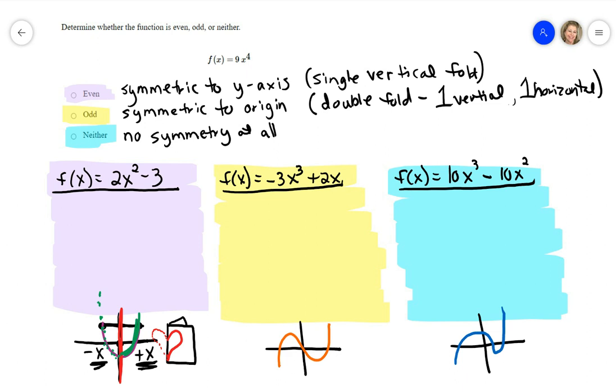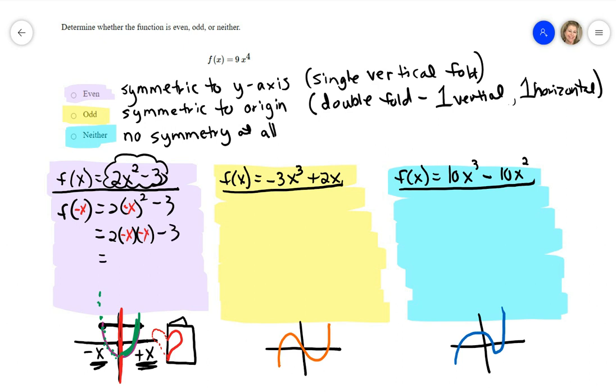So all you have to do is say, okay, what if I plugged in f of negative x? That's going to be 2 times negative x squared, and then you simplify it to see if it comes out to be the exact same thing that you started with. When you take a negative x and square it, you're taking a negative x times a negative x.